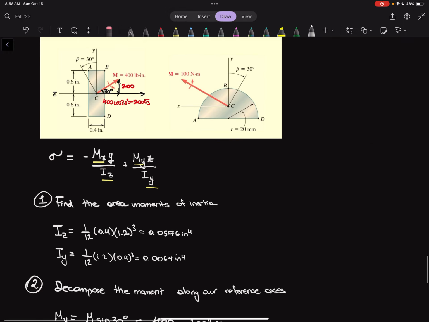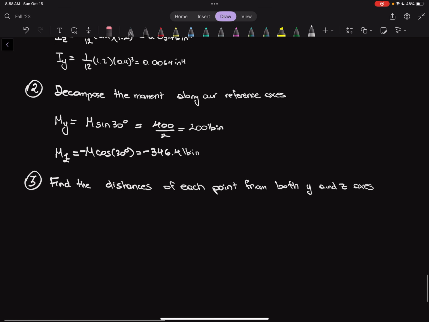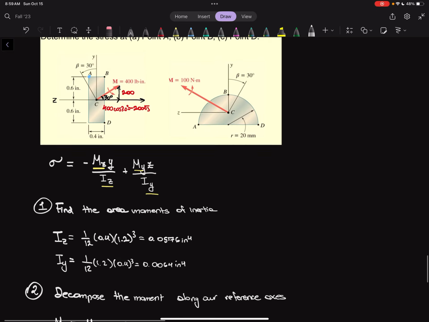So what is the distance of A along the y, from the z-axis? It's 0.6. So y of A is going to be equal to y of B, which is 0.6 inches, right?